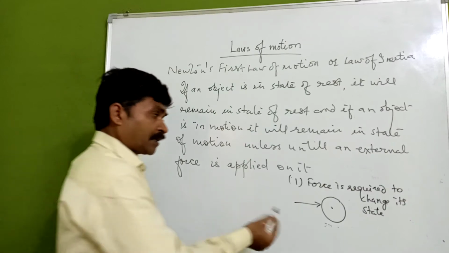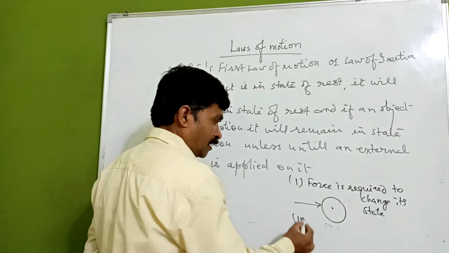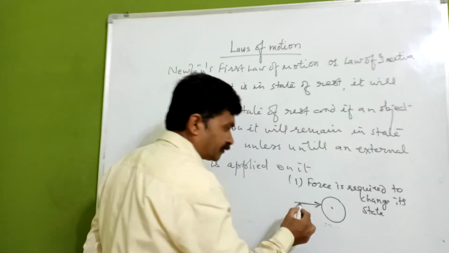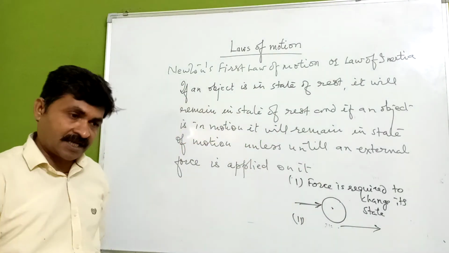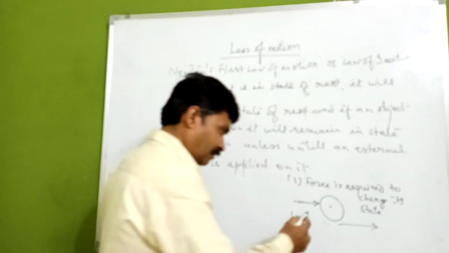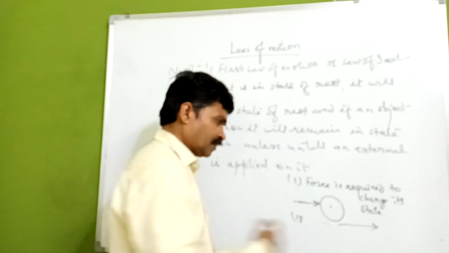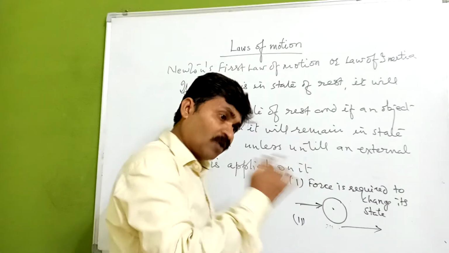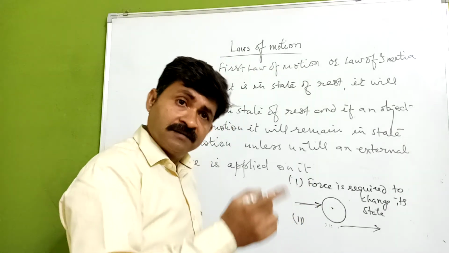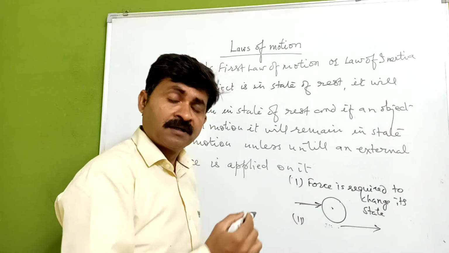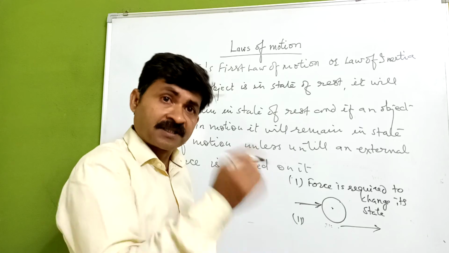Now, second, if we have applied a force on it, it will roll over the surface. Say on a football ground, if we kick a football, it will roll a long distance and continue to roll. But why does it stop?